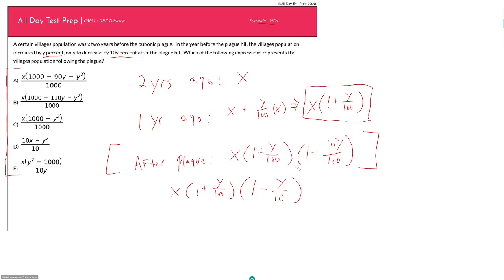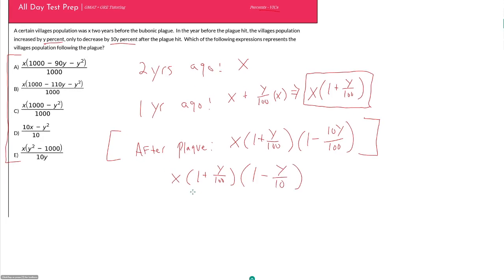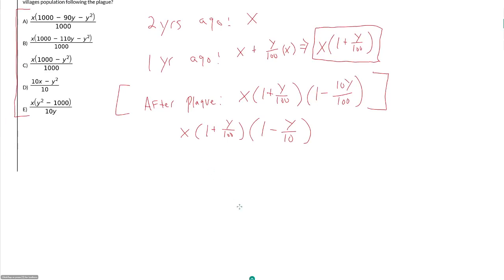And then I'll simplify from the inside out, so from within the parentheses first. It looks like they keep our x factored out here. So 1 plus y over 100, I can write as 100 over 100 plus y over 100 to get a common denominator. Then this here will be 10 over 10 minus y over 10.